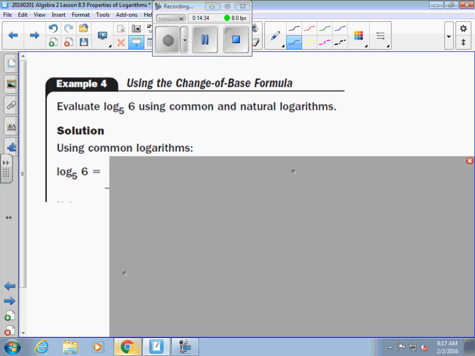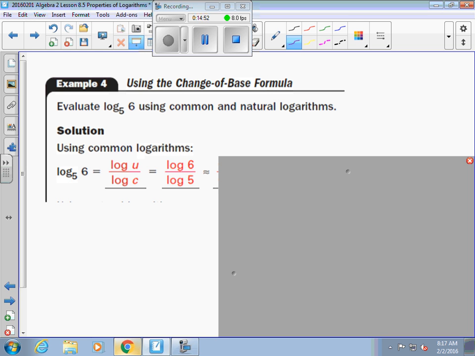It says evaluate log base 6 of 6, log base 5 of 6 using common and natural logarithms. So the first one using a common logarithm, that's just log, not the ln. Log base U over log of U over log of C, which is equal to the log. Now, this is all you have to know. You can almost ignore this part here.